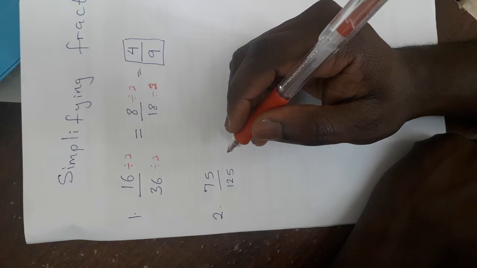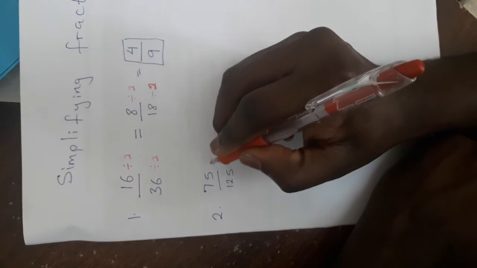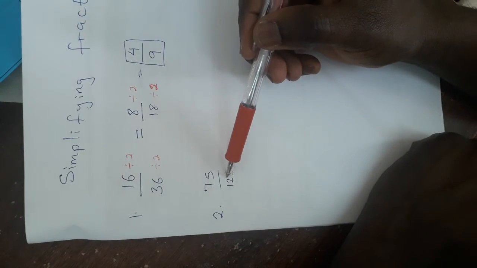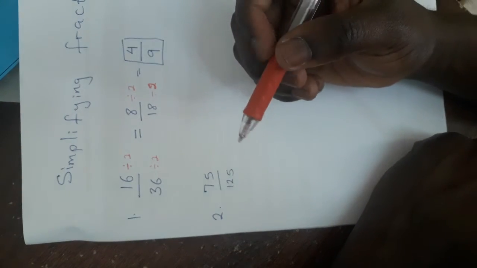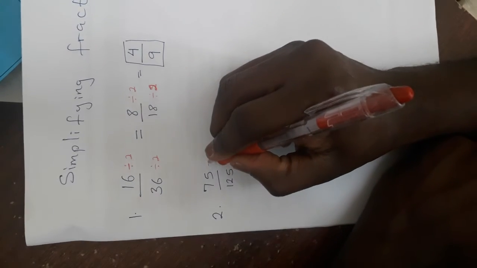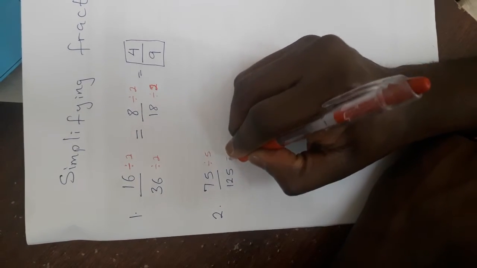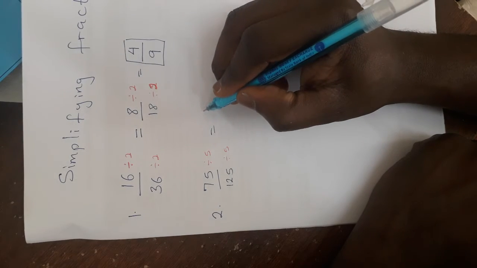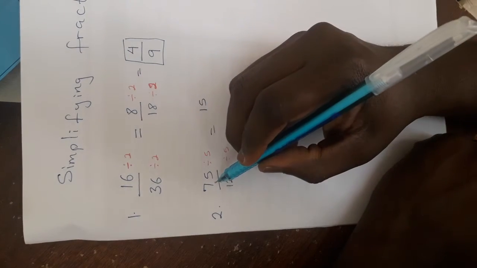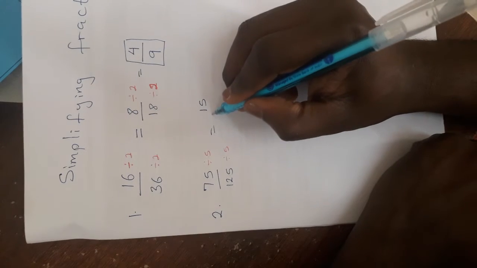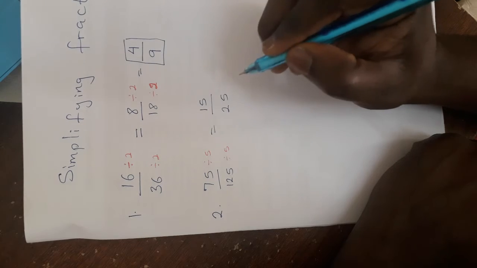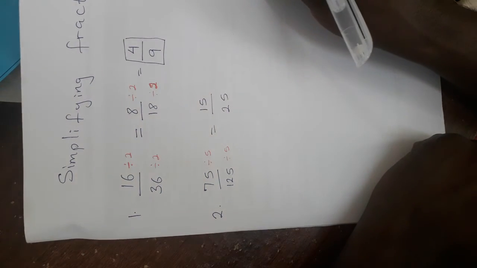Both the numerator and the denominator end with 5, so you can divide by 5. What do I have at the end of the day? 75 divided by 5 is 15, and 125 divided by 5 is 25.